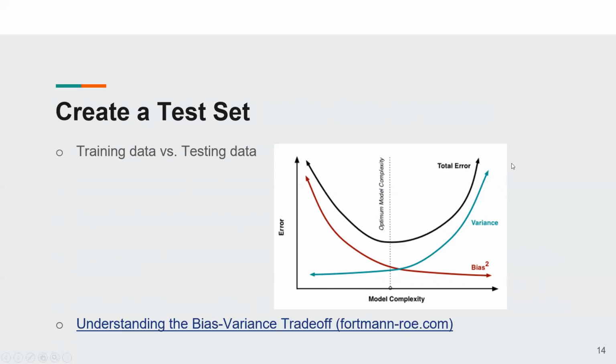So as the model becomes more complex, your model cannot be applied to other similar data sets coming from different samples of the population. That's called variance becoming bigger. So as your model becomes more complex, variance becomes bigger. Meanwhile, bias becomes smaller. Error is small.